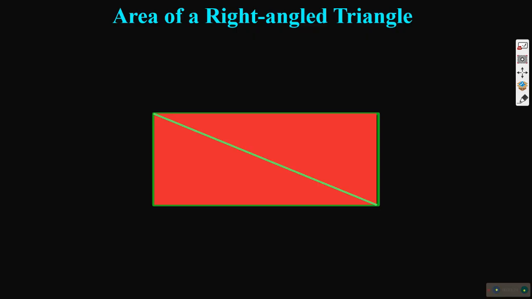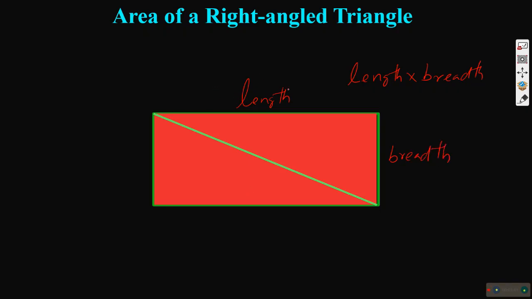But at the same time, we know that the area of a rectangle is calculated by the formula length into breadth. Keep this in mind. This is the length and this is the breadth, correct?